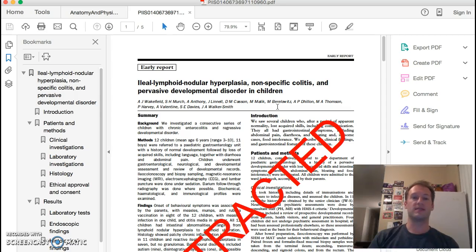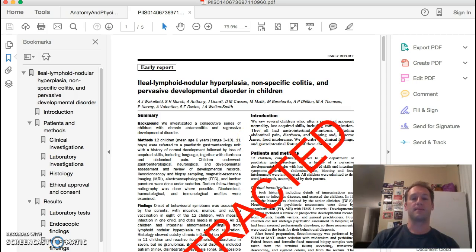The short answer is that these researchers did this study looking at vaccines causing some gastrointestinal issues and some neurological issues, and they were the ones that said, hey, vaccines are causing this autism.